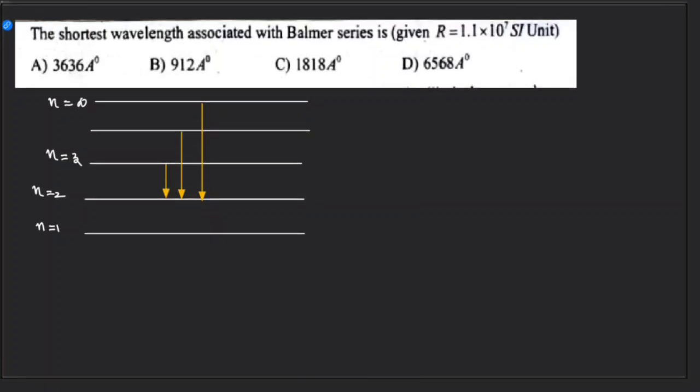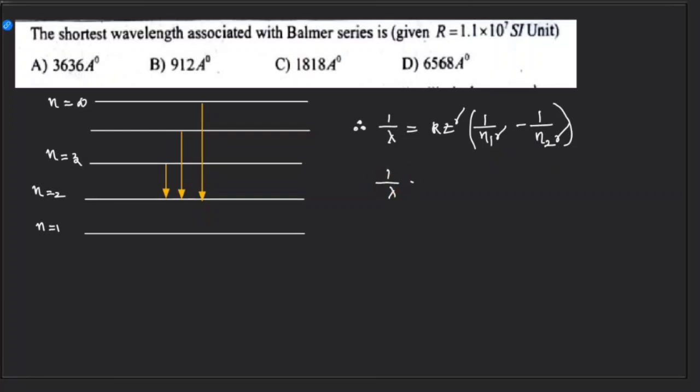So therefore this highest orbit will be like infinity and the lowest orbit will be like second orbit. So the wavelength formula is 1 by lambda equal to R Z square into 1 by n1 square minus 1 by n2 square, right? Here n1 is nothing but the lowest orbit and n2 is nothing but the highest orbit.